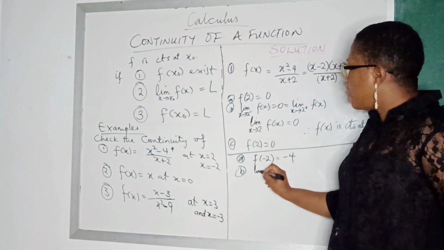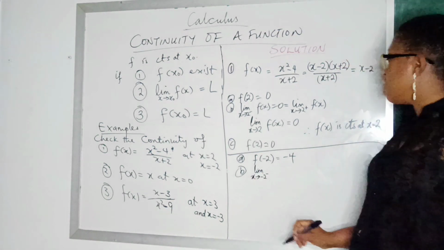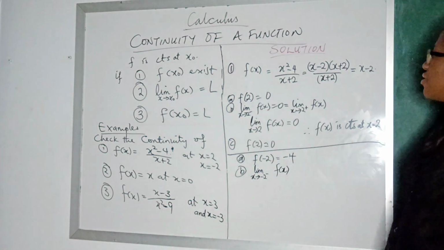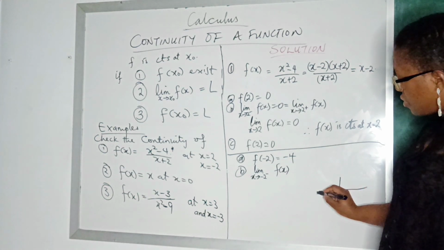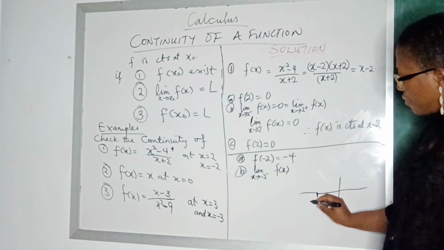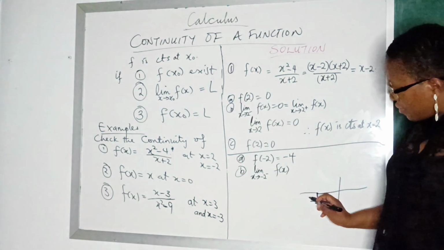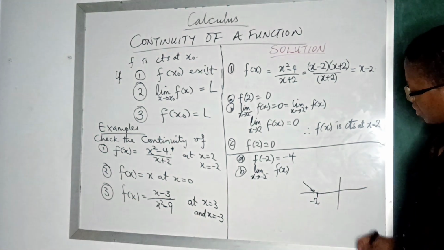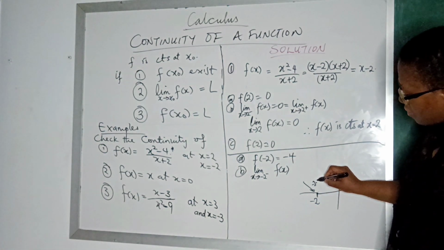The next one is the limit as x goes to minus 2 from the left hand side of f of x. As x goes to minus 2, let's say this is minus 2 here. From the left hand side, around here, a close number is minus 2.001.